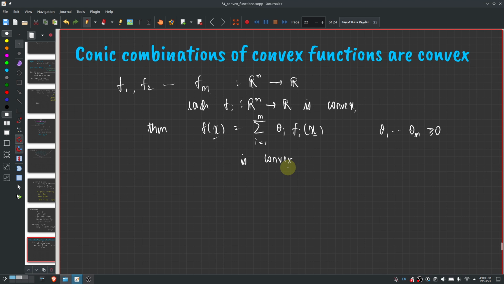And it's easy to see why this is the case. You just take f of alpha x1 plus 1 minus alpha x2, and then apply convexity to each of those component functions.